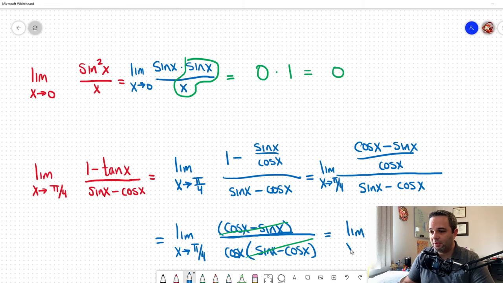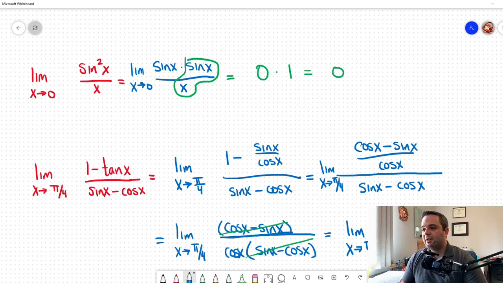So the limit as x approaches pi over 4 of negative 1 over cosine x. Now I have removed the discontinuity. Since these two were the same and the only difference was the signs, it turns into that negative 1.